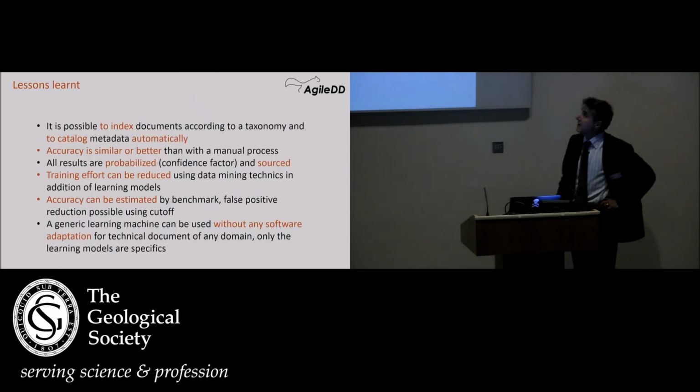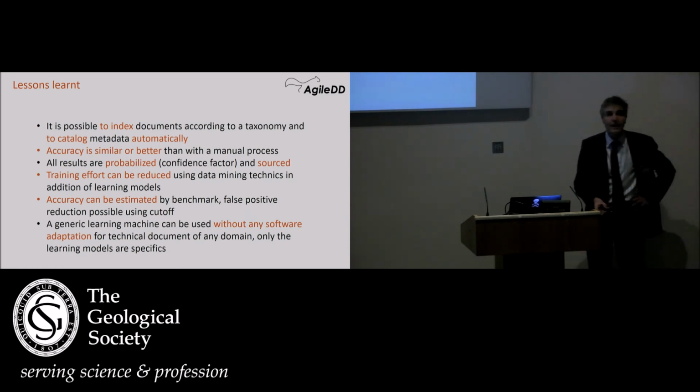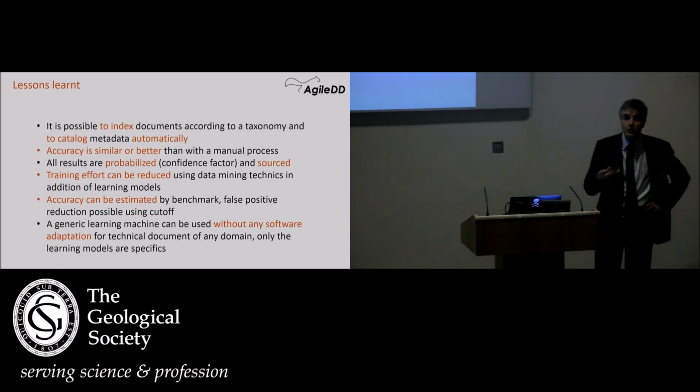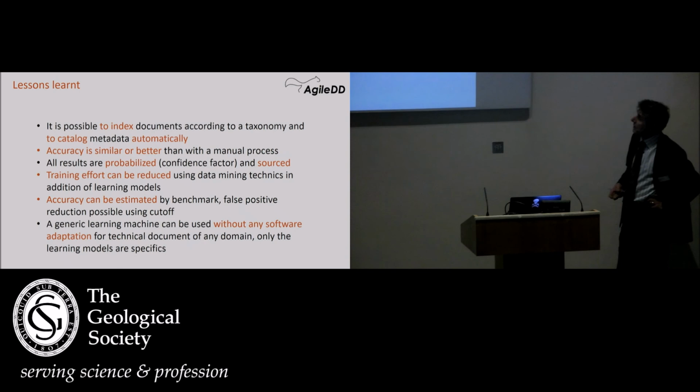So what have we learned? First, it's possible to apply very generic tools such as semantic, SVM, or forestry to index unstructured documents and extract the data you need. With a few weeks of training, the accuracy can be similar to what is done by a human agent.